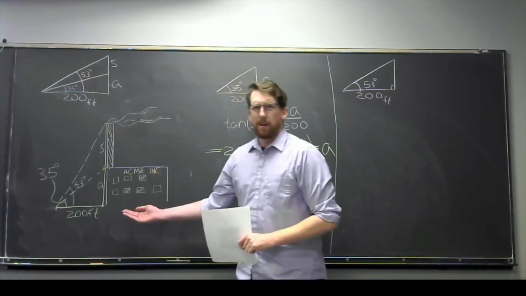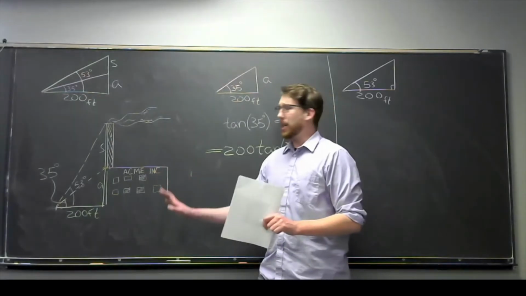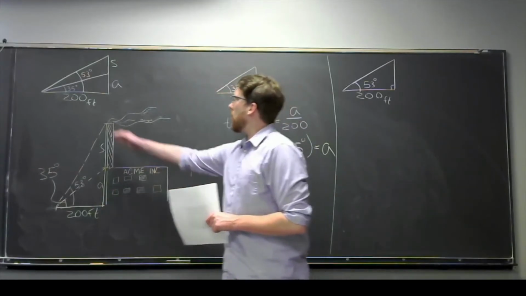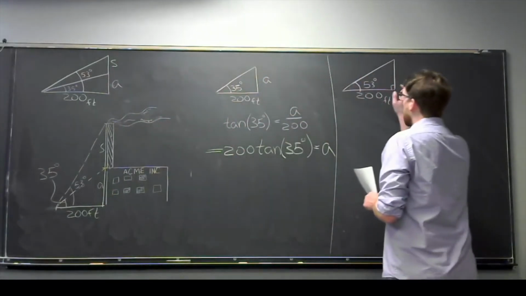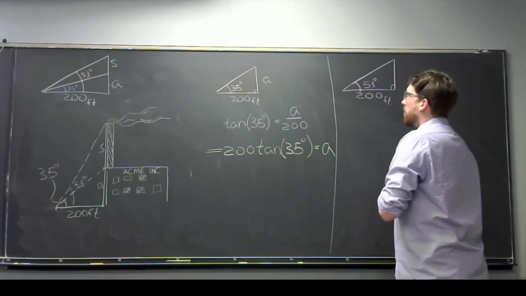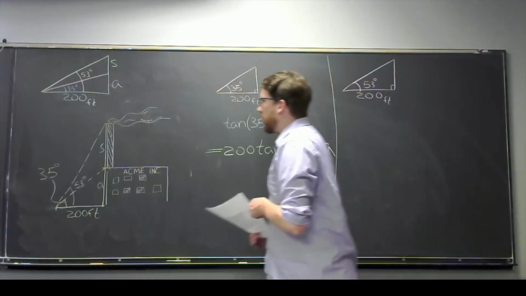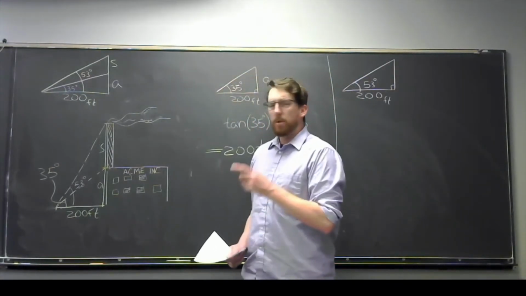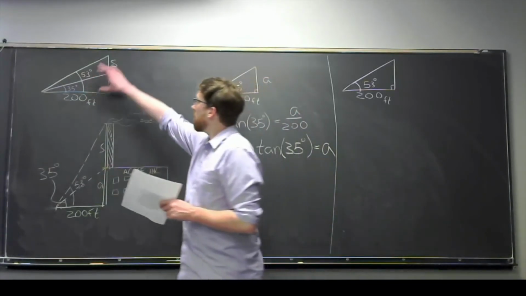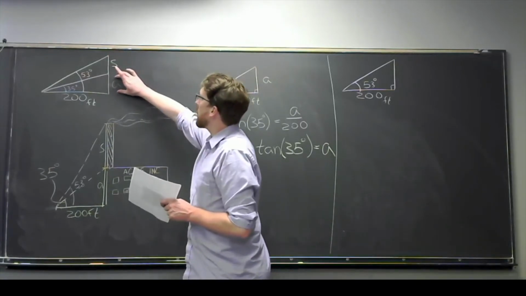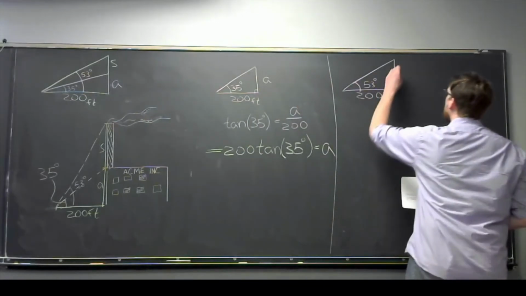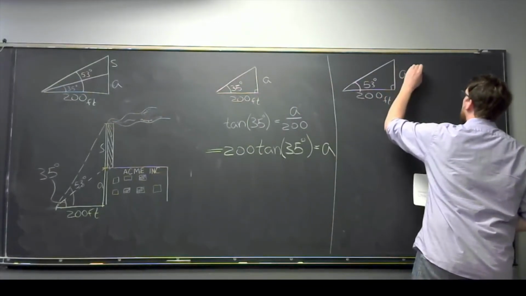Because, presumably, assuming nobody crazy builds this building, it's going to form a right angle with the ground. So we know all of these triangles are right angle triangles. Now we want to know what the length of this other side is. But notice that at 53 degrees, the length of this whole side is going to be A plus S.